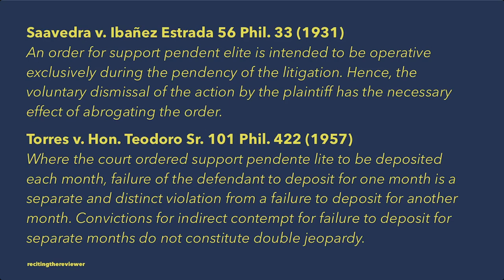In Torres versus Honorable Teodoro Sr., 101 Phil 422 in 1957, where the court ordered support pendente lite to be deposited each month, the failure of the defendant to deposit for 1 month is a separate and distinct violation from a failure to deposit for another month. Convictions for indirect contempt for failure to deposit for separate months do not constitute double jeopardy.